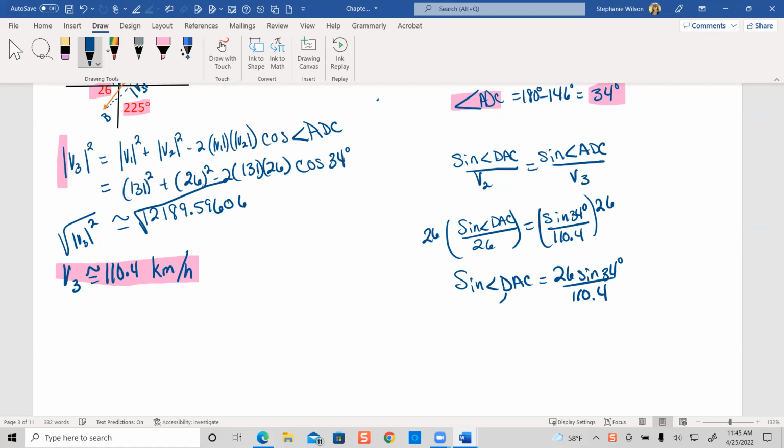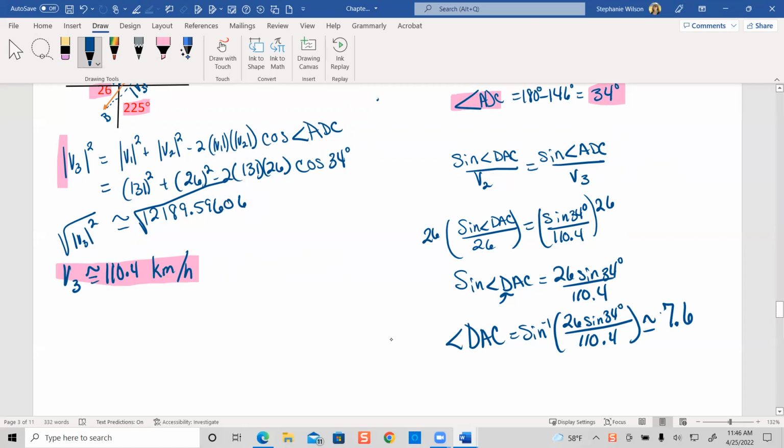Now we need this angle. So what I'm going to do is take the inverse of sine. We're going to type this in the calculator and round to the nearest tenths. I get 7.6. Now we're almost done.